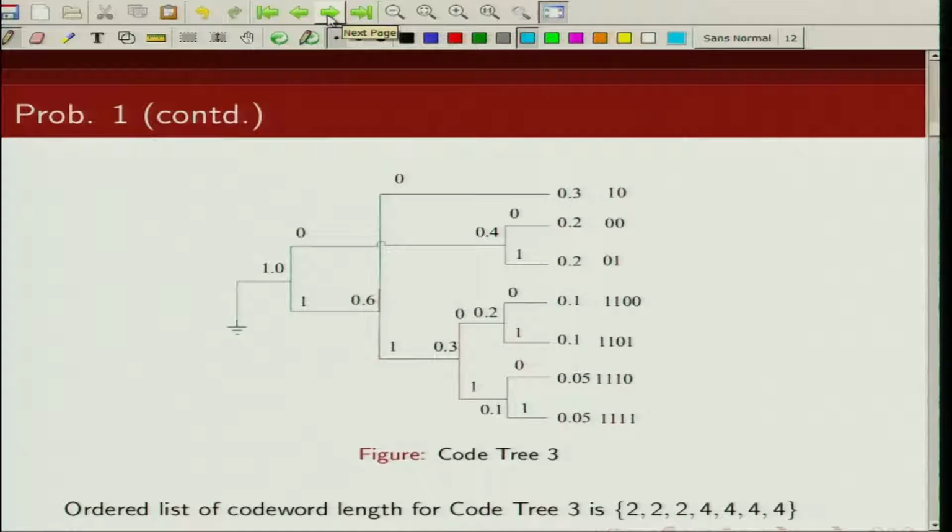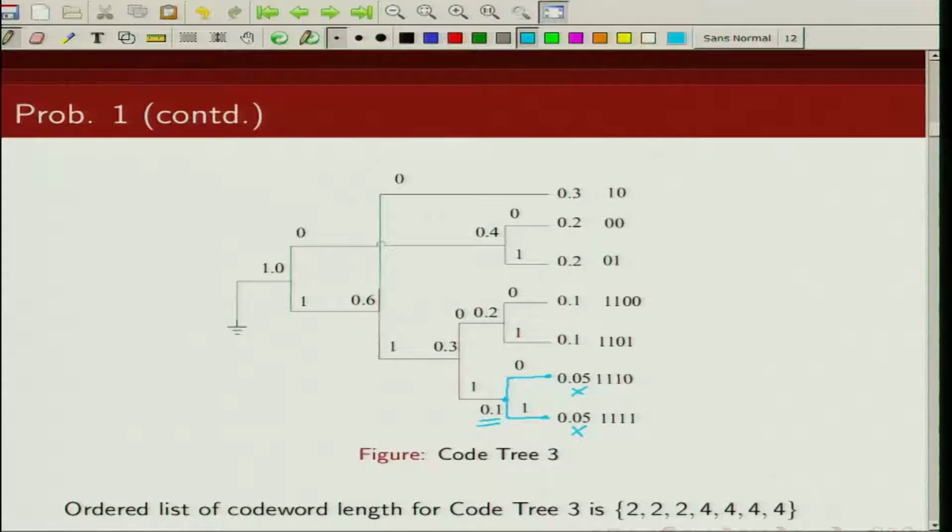Now let's look at another way of combining these nodes. Again we start off with the two nodes which have the least probability. We combine them and create a new node which has probability 0.1, and deactivate these two nodes.